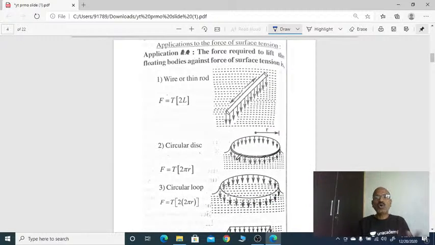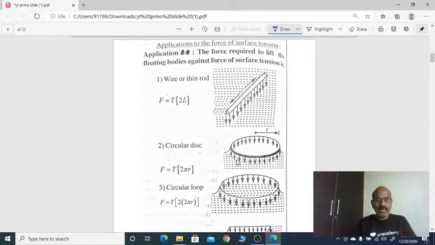Application of force of surface tension. These important formulas you need to remember while solving numericals. See, the force required to lift floating bodies against the force of surface tension. Suppose on the surface of water, one rod of length L is floating. Assume a sewing needle, which you can carefully place on the surface of water.